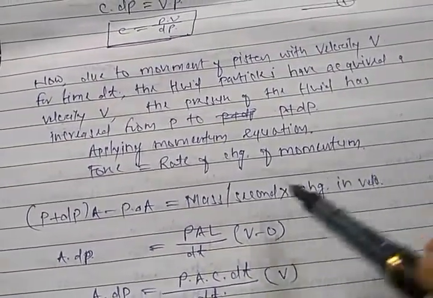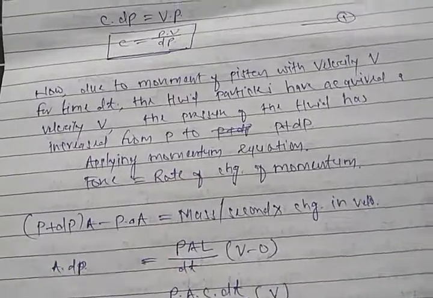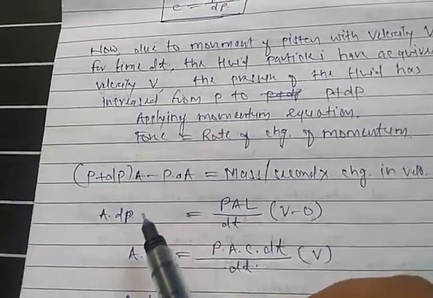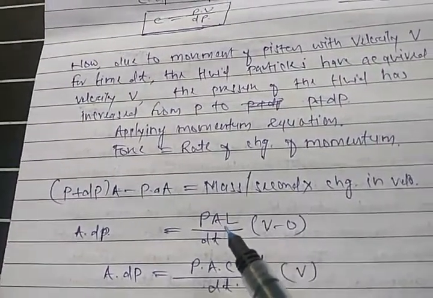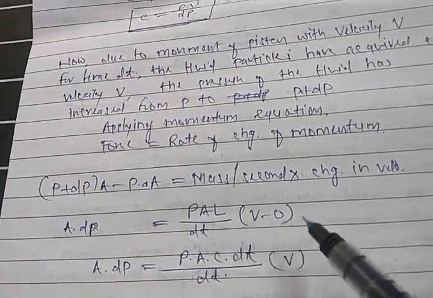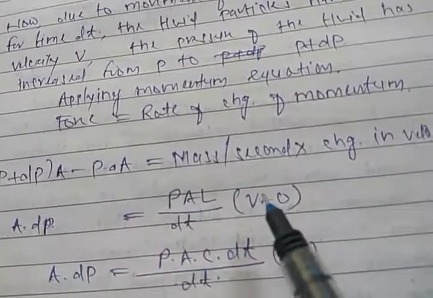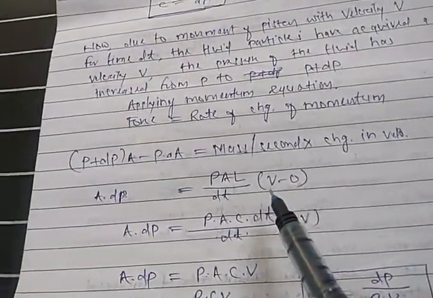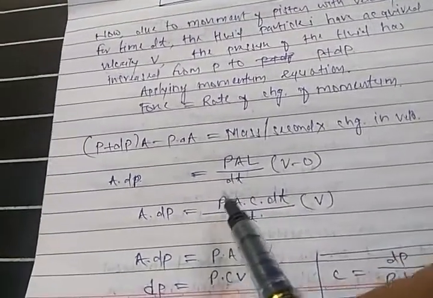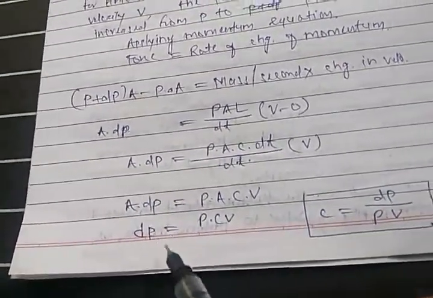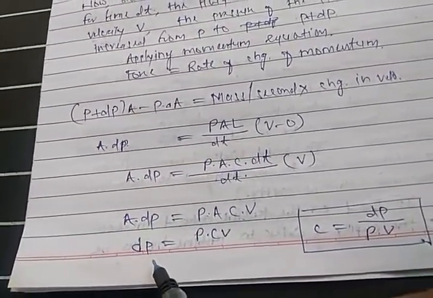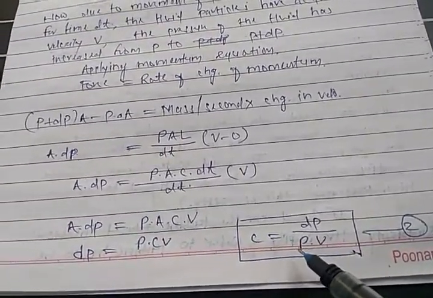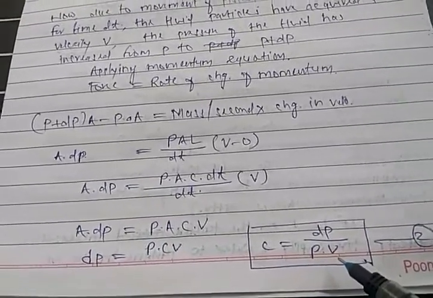That is, A into d rho A L upon dt into (v minus 0), v being the final velocity and the initial velocity 0. So this all turns out to be c is equal to dp upon rho into v.